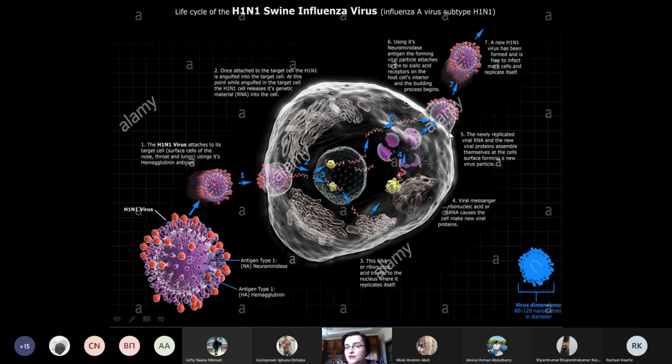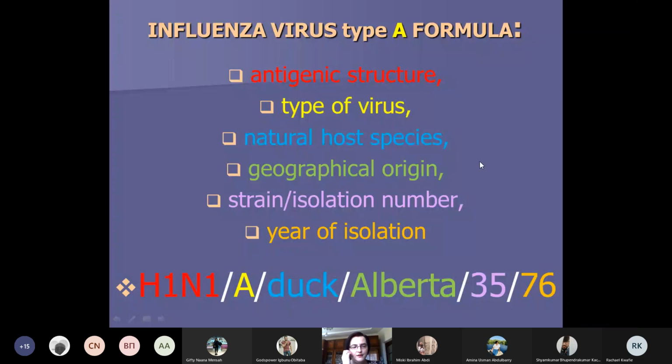All this lipid membrane comes from the host cell. A new influenza virus has been formed and is free to infect more cells and replicate itself. A very simple, easy, but very effective possibility of replication.